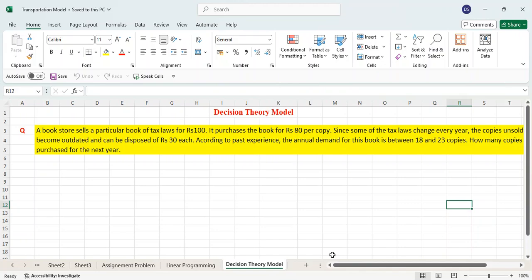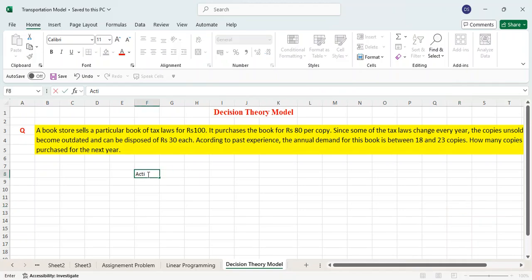There are two things you need to know. One is your own set of actions, or your own approach to take the decision, which is called the action. And another one is called the event, which is reflected by the market, and you don't have control over the market.